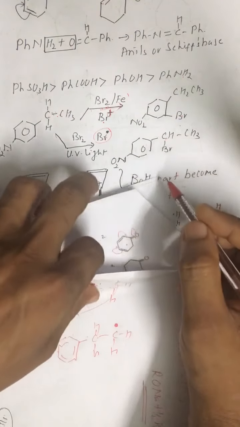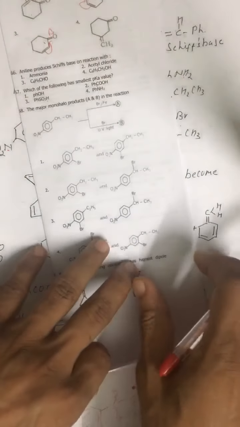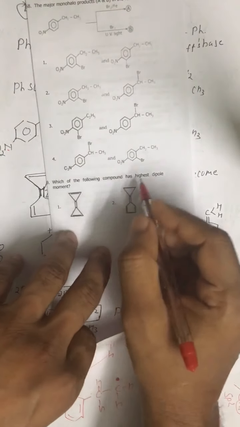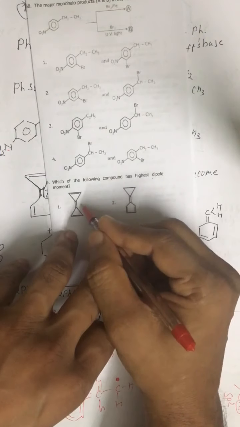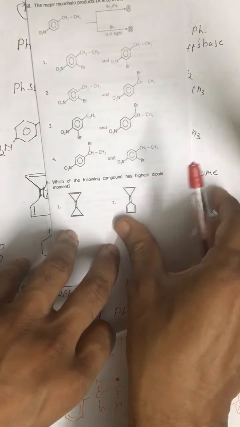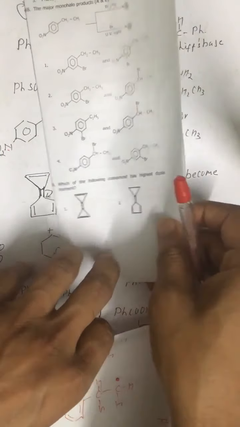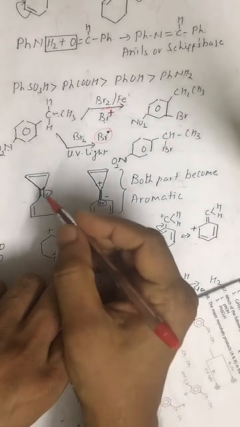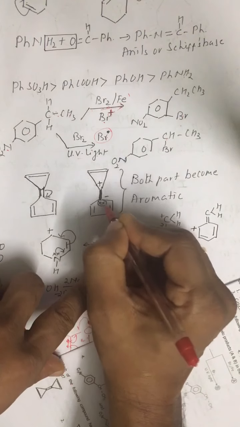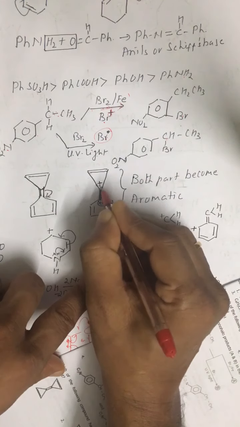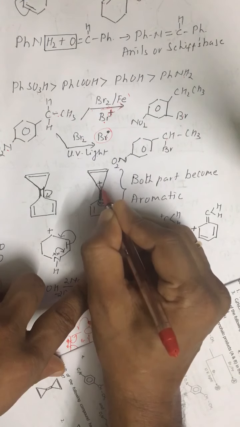Okay, now look at question number 69. Which of the following compounds has the highest dipole moment? If you look at the third structure, if this pi bonded electron pair moves in this direction, this becomes negatively charged and this carbon atom becomes positively charged.